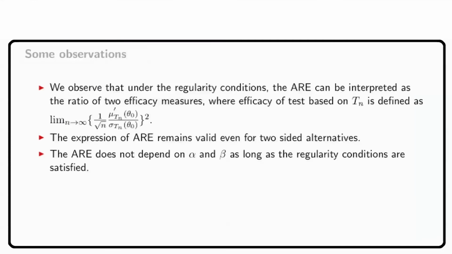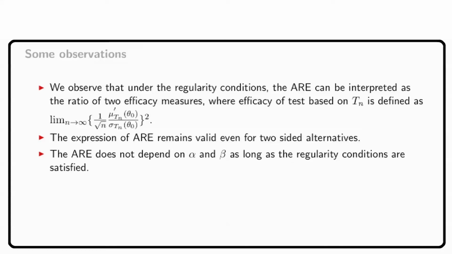Next we get a remark. From the expression of ARE, we observe that under the regularity conditions, the ARE can be interpreted as the ratio of two efficacy measures, where the efficacy of the test based on Tn is defined as the limit n tending towards infinity of (1 by root n mu Tn prime theta naught divided by sigma Tn of theta naught) whole square.